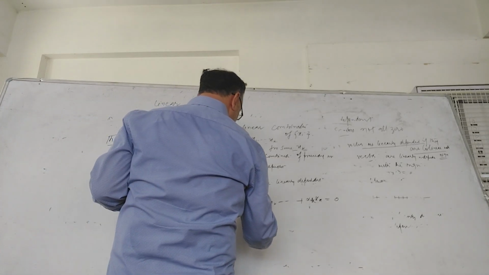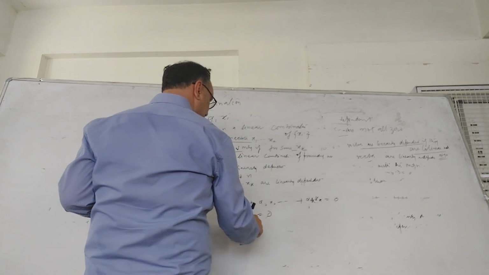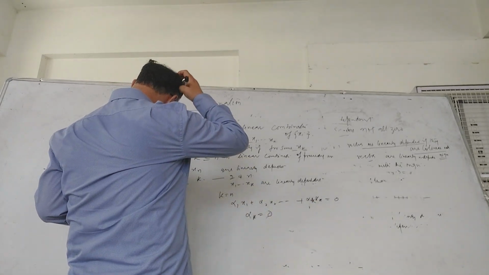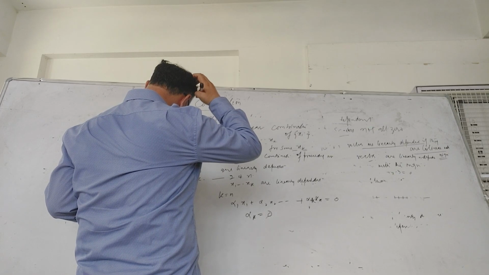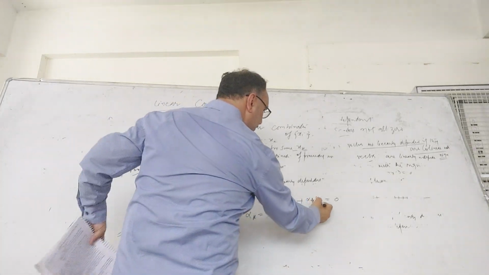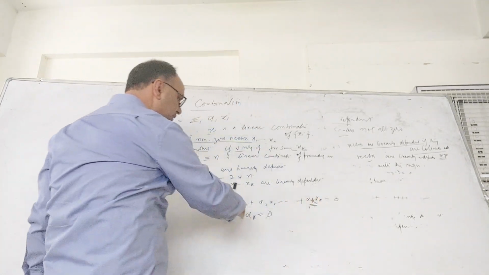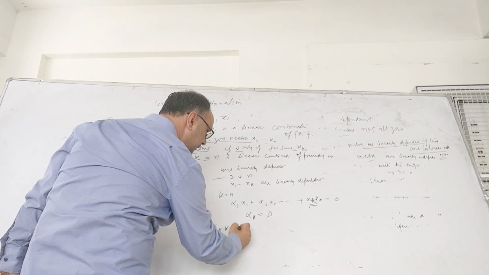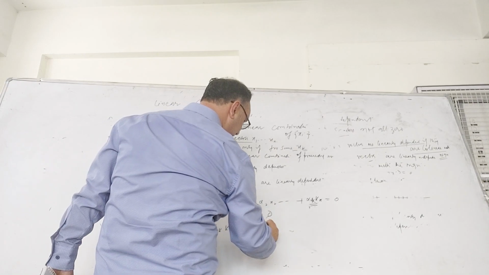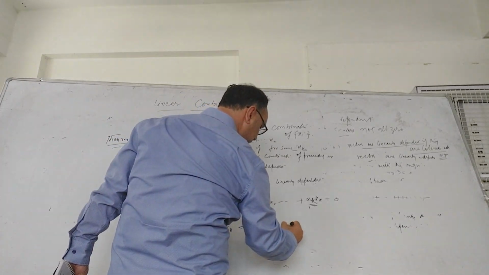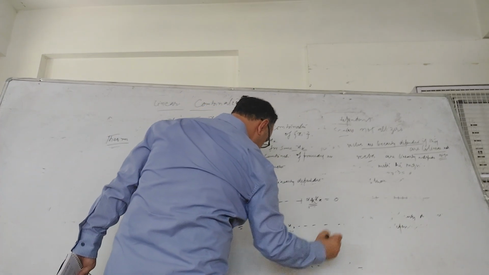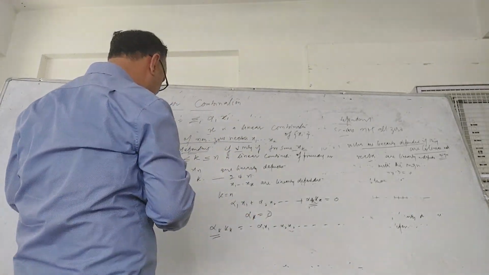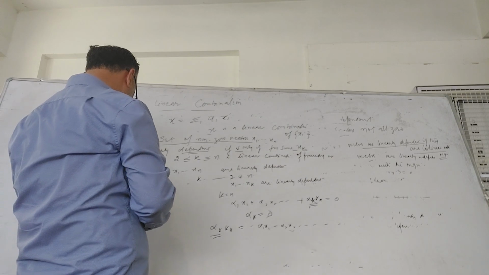And for linear dependence, alpha k is not equal to 0. k can go from 1, 2, and so on. If you take one of them, alpha k xk, you go this way: minus alpha 1 x1 minus alpha 2 x2, and so on, and divide by alpha k.